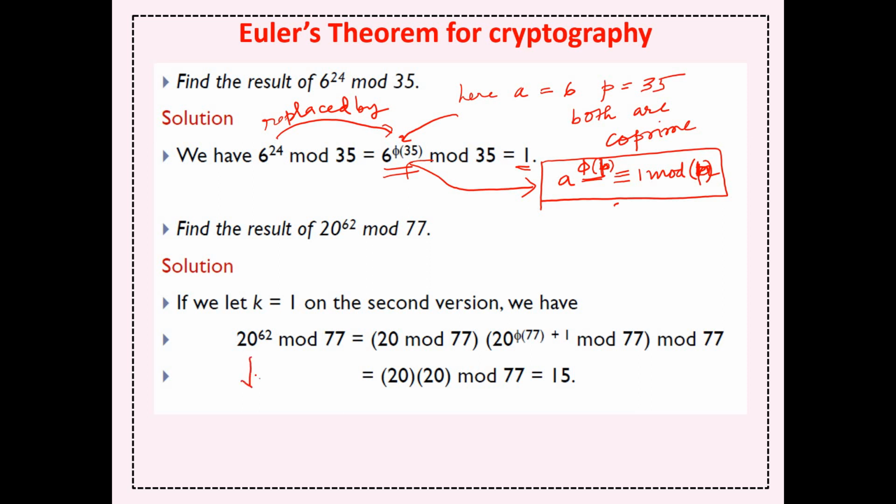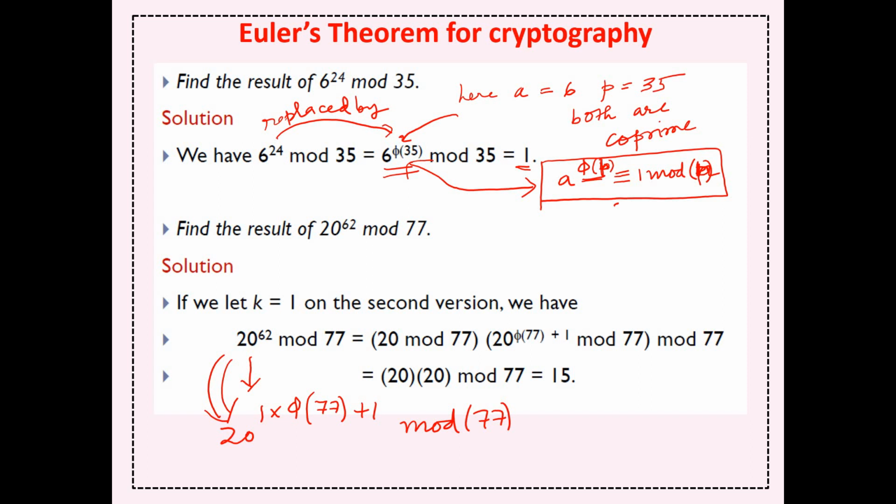So this is given, right? We are applying the second rule. Second rule wise, we can write 20 to the power 1 into phi of 77 plus 1 mod 77. This is given by this. So this 20 to the power 62 mod 77, if I apply the second rule, these are the steps coming in between.